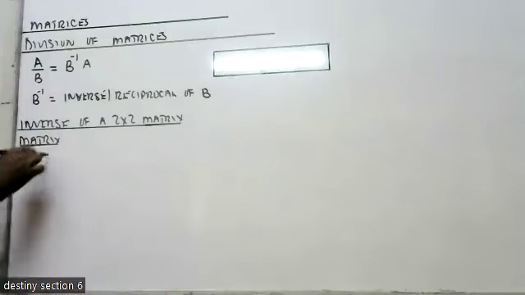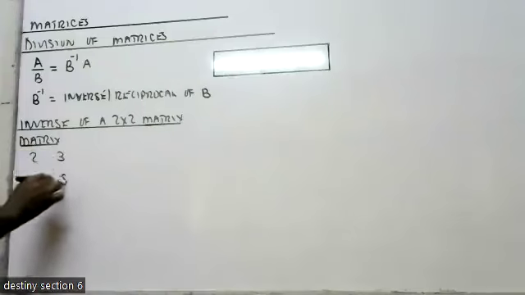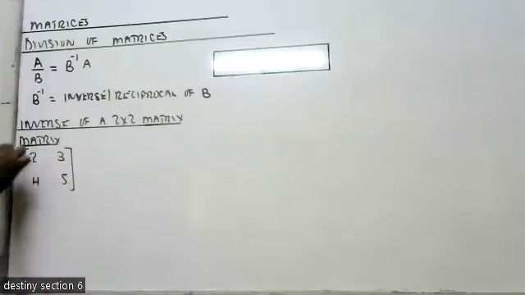So the matrix is 2, 3, 4, 5. You have the matrix there.